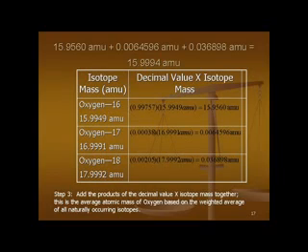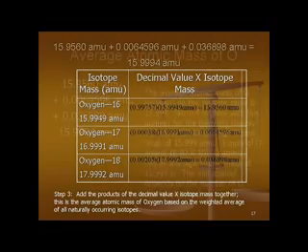So our 15.9560 plus 0.0064596 plus 0.036898 AMU gives us a total of 15.9994 atomic mass units as our average atomic mass of oxygen.